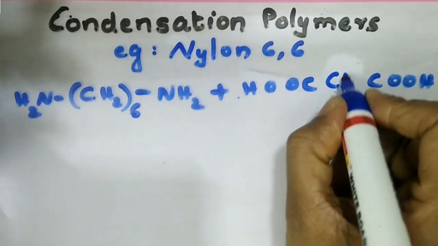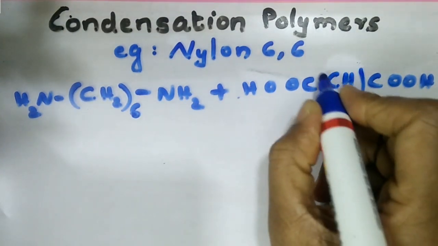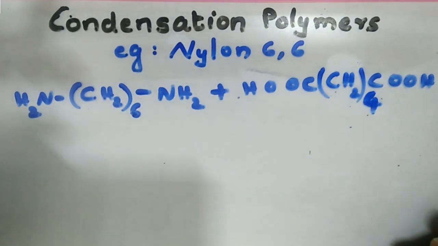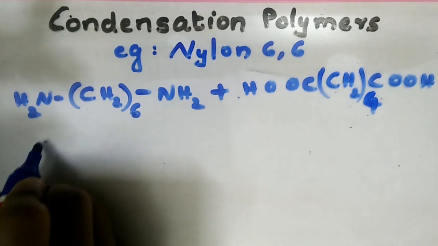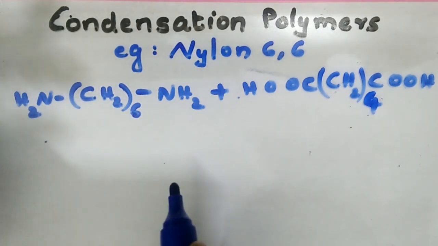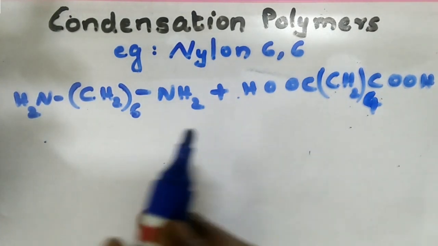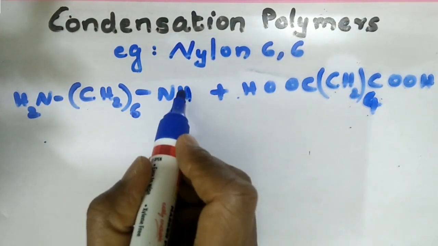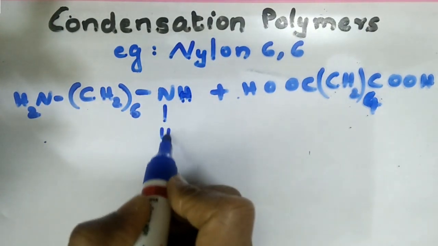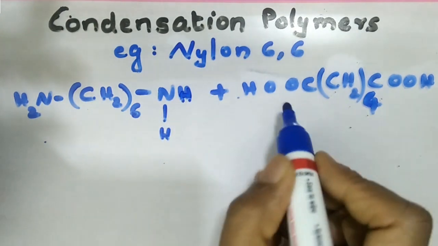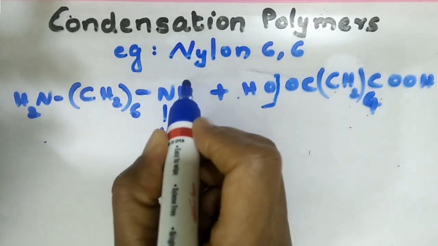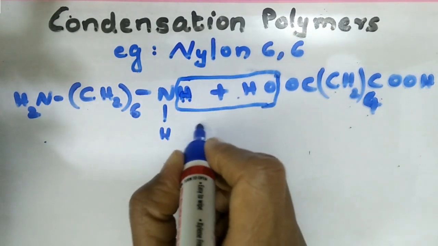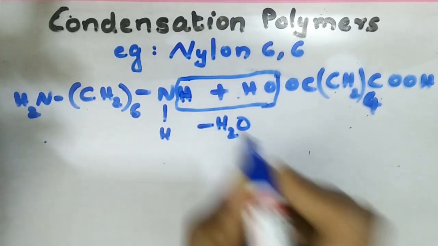CH2, 4 times. Now it's clear, no? So condensation means elimination of a simple molecule. Here elimination of water molecule is taking place. Instead of writing NH2 I am writing NHH. Here this OH group and H is eliminated out as water molecule.